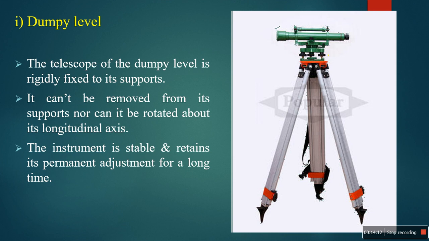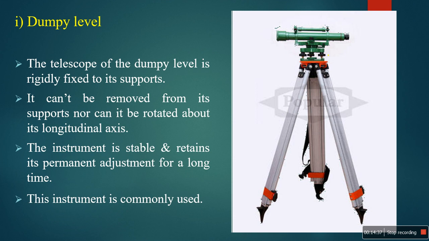Once you complete all the temporary adjustments, it takes a longer time for any disturbance from the surveyor or any other issues. These are the main parts and main features of the dumpy level instrument.